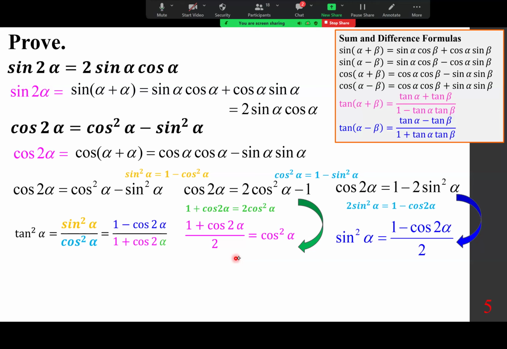So it's very straightforward. So we got a bunch of proofs.